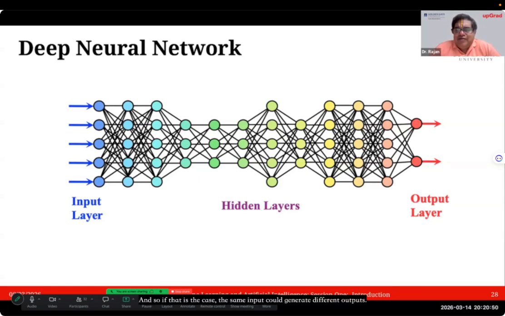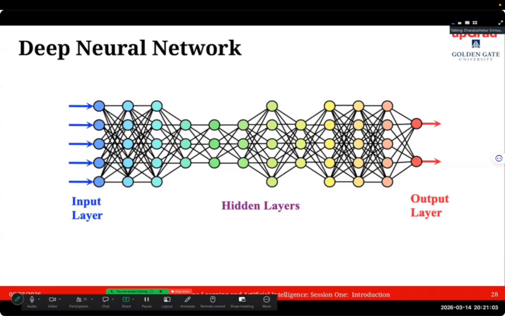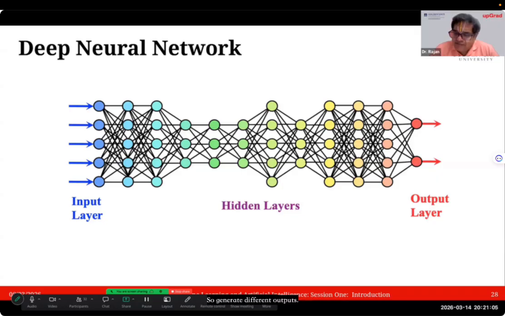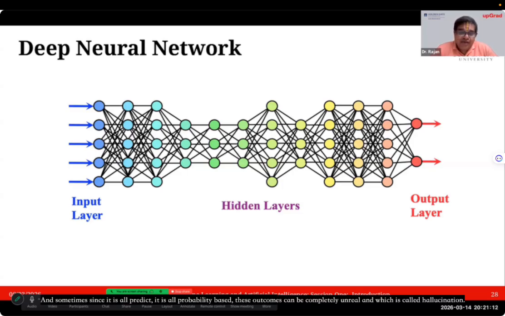So the same input could generate different outputs. I'm not talking about prediction, I'm talking about generation. So which one is correct? We do not know, and this is called drifting. And sometimes, since it's all probability based, these outcomes can be completely unreal, which is called hallucination.